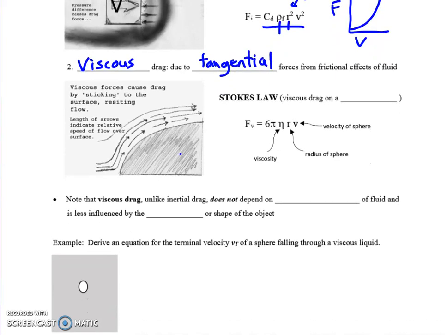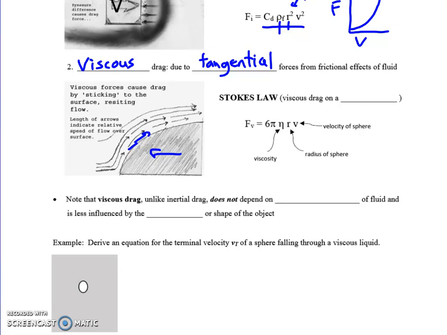If I have some object that's moving through a fluid, and here we see the streamlines of the fluid, there will be a tangential force pushing back on it due to, if you will, the stickiness of the fluid. The fluid doesn't want to flow very easily, so it's going to kind of push back. And that's not so much because we're pushing it out of the way, it's just that we're slipping along it.